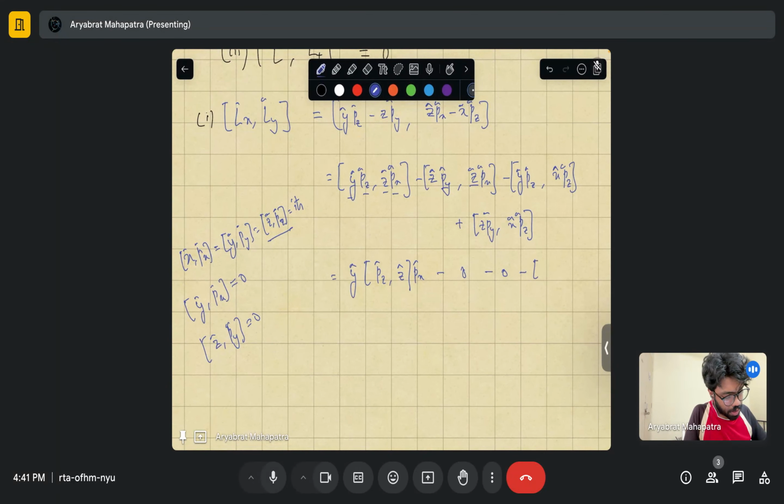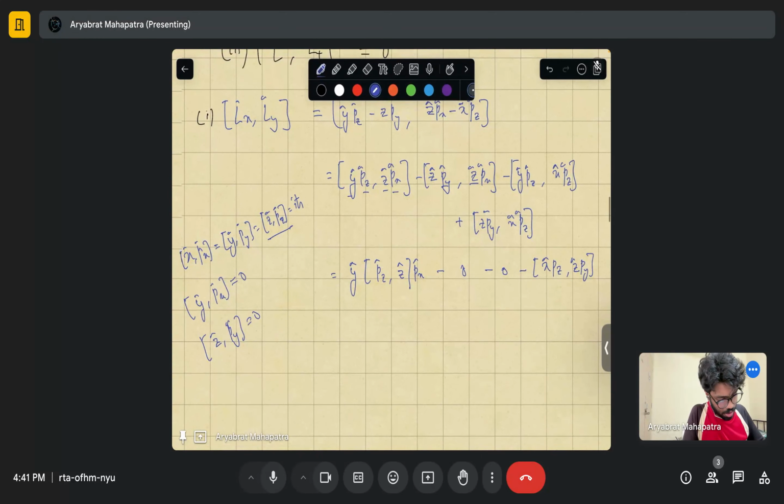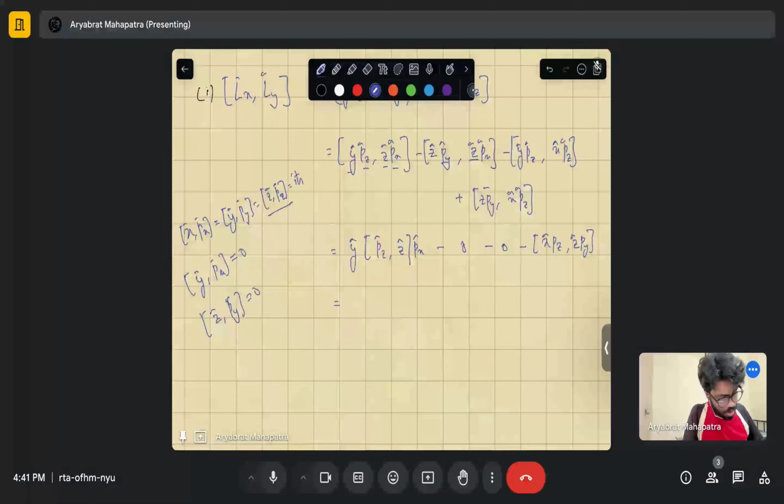I am first changing the order, so that's why this positive becomes negative, because when you change the order of the commutation, if the commutator of a, b is given, and you change it to b, a instead of a, b, then a negative sign will be picked up.